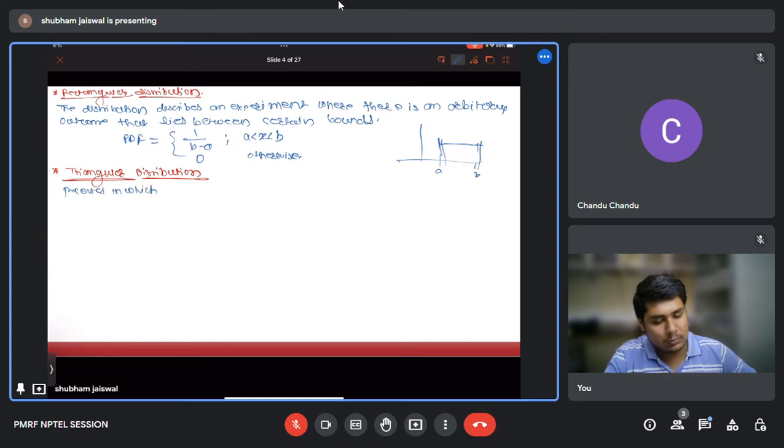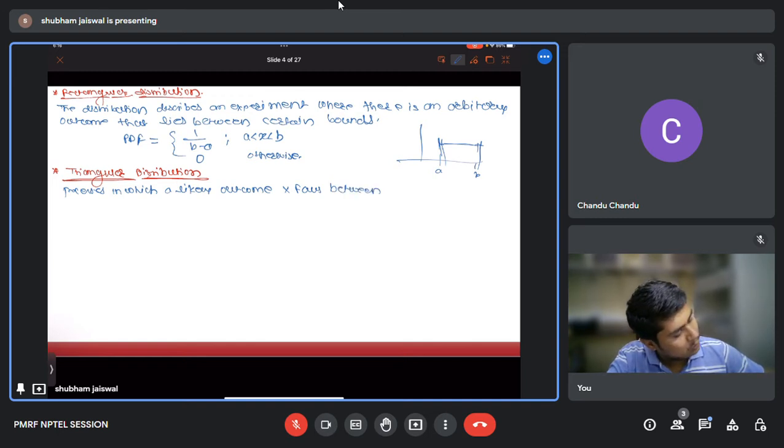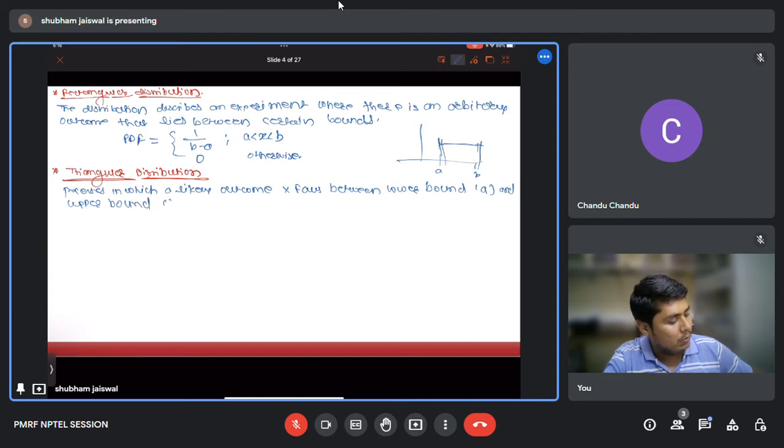In which lower bound A and upper bound B with peak value or mode C. Okay.